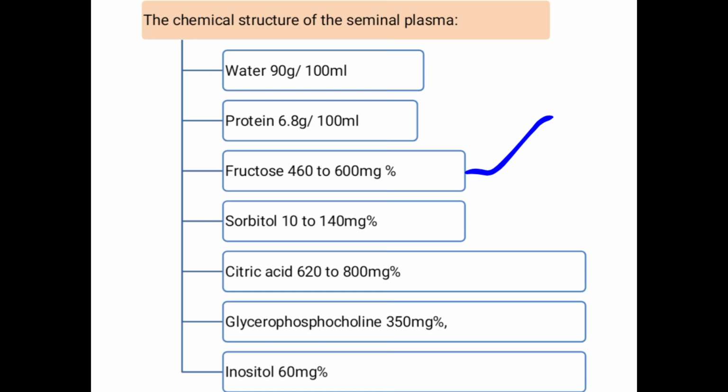That is fructose. Sorbitol 10 to 140 milligrams, citric acid 620 to 800 milligrams, glycerophosphocholine 350 milligrams, inositol 660 mg percent. So this is the overall composition of the seminal plasma, or you may also call it seminal fluid.